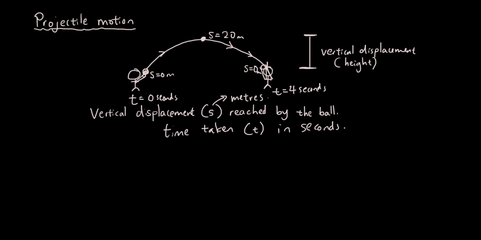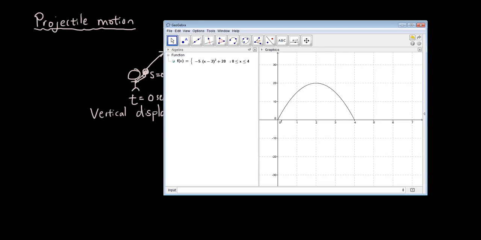So here is the graph that I have already drawn in GeoGebra. And the equation of this graph is f of x, where x is the time, equal to -5 bracket x minus 2 squared plus 20. If you type this equation in GeoGebra, you should get this graph.